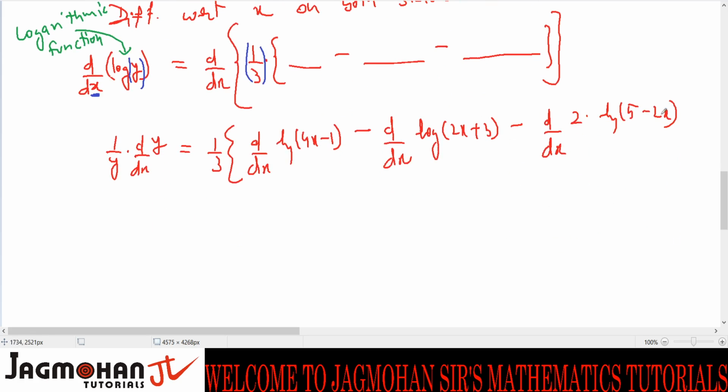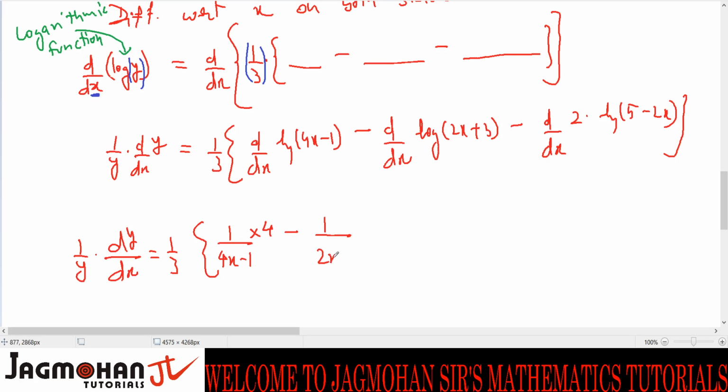Next step, you have dy by dx into 1 upon y equals 1 by 3 d by dx of log 4x minus 1, 1 upon 4x minus 1 into derivative of 4x minus 1, which is 4, minus 1 upon 2x plus 3 into derivative of 2x plus 3, which is 2. Minus this 2: you are differentiating this thing and 2 is a coefficient, so 2 will come out. 2 times d by dx of log 5 minus 2x is 1 upon 5 minus 2x, and d by dx of 5 minus 2x is 0 minus 2 into 1, that is negative 2, and the bracket closes.